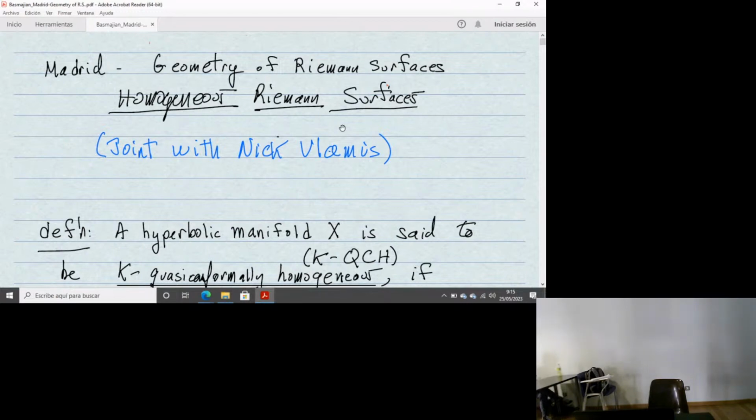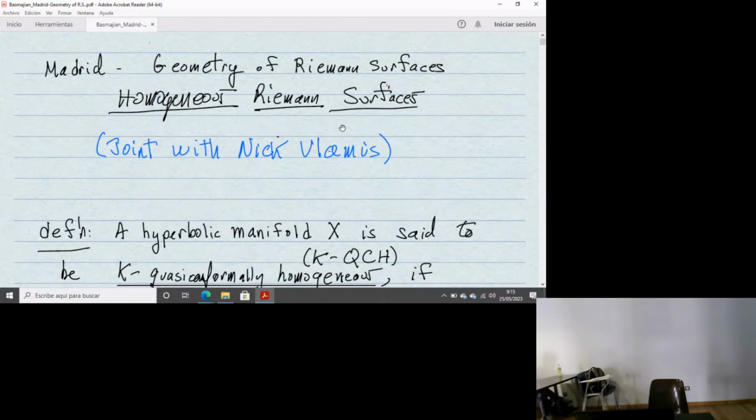And so that's what this talk is about, really, quasi-conformally homogeneous Riemann surfaces. And what I mean by that, I'll explain. What I really mean is you have a K, and between any 2 points, there's a K quasi-conformal mapping of the Riemann surface to itself that maps one point to the other.